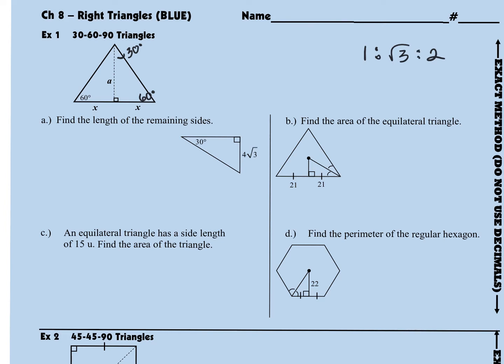So let's go ahead and highlight this 30, 60, 90 triangle because that's where we're going to do our analysis. I mentioned that this triangle is equilateral, which means if each of these pieces is x, then this whole side of the equilateral triangle is 2x. So I can put that again over here.